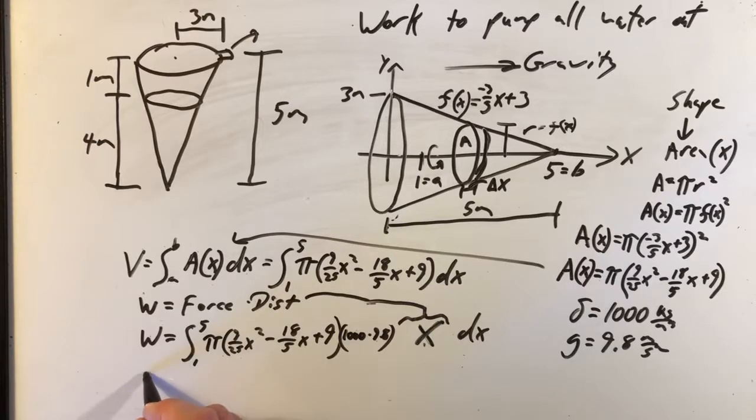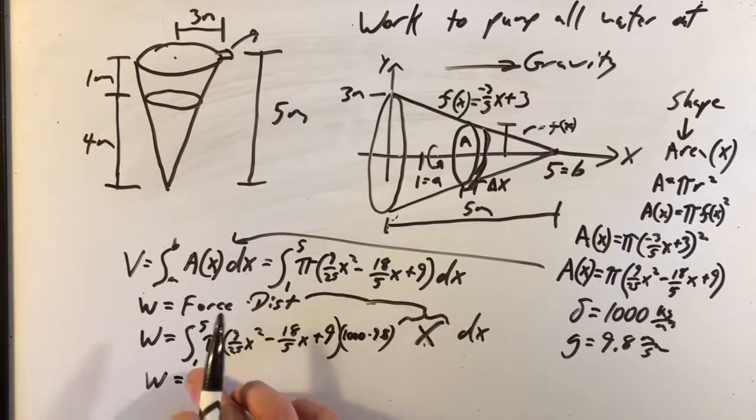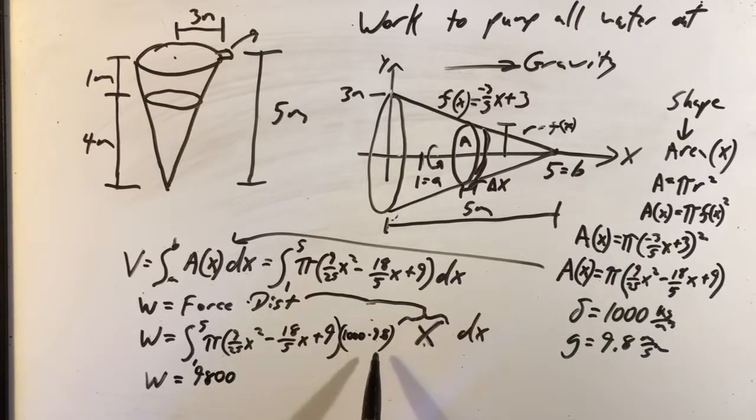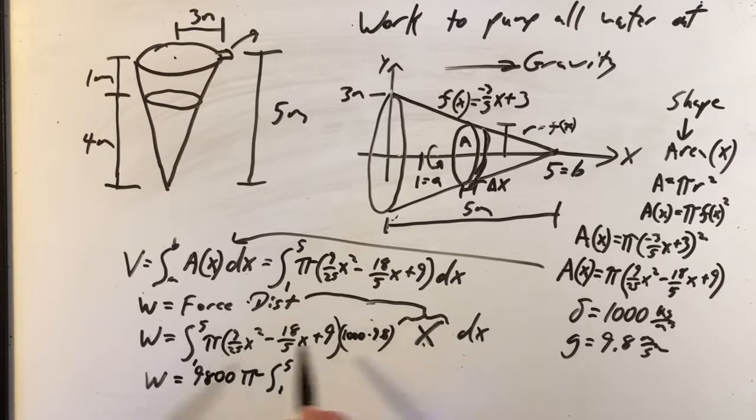So I'm going to have work equals, actually, let me put all my constant stuff out in front. So this value right here is 9800. I have a pi still out here. And then I got my integration, 5 to 1. And now I'm going to distribute this in here.